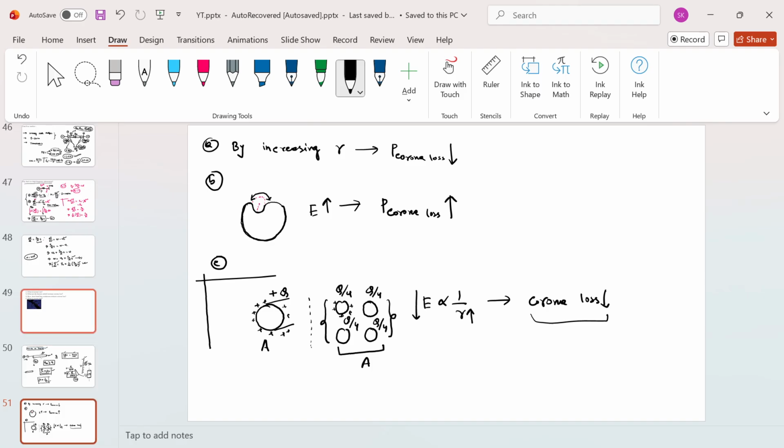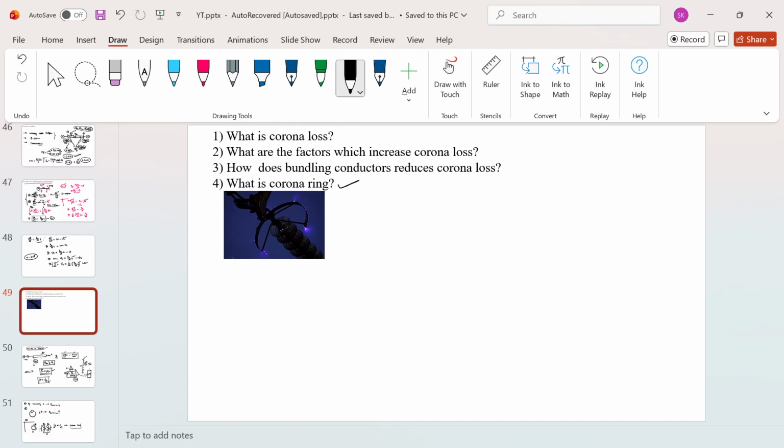Now, what is a coronal ring? In this particular picture, this one is basically your coronal ring. The ring is directly connected to the lines, and the ring is basically distributing the electric field.